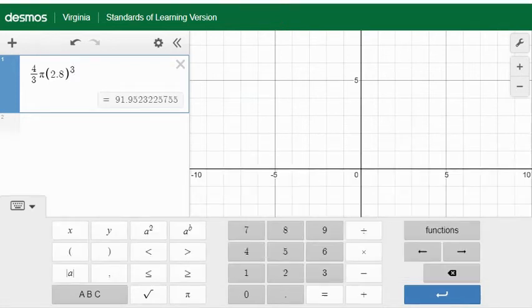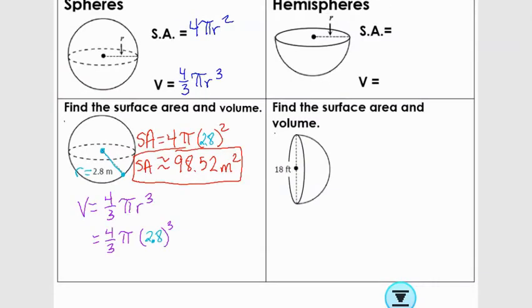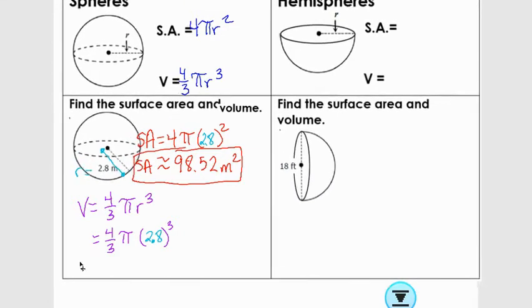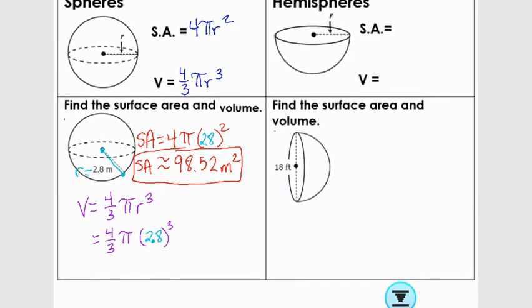And I get 91.95 if we're rounding to 2 decimal places. So that volume is approximately, again, the wavy equal sign means approximately 91.95 cubic meters because volume is in 3 dimensions.